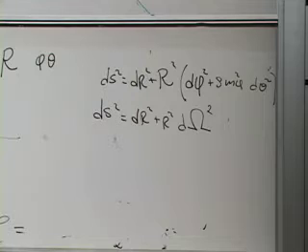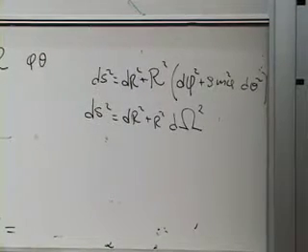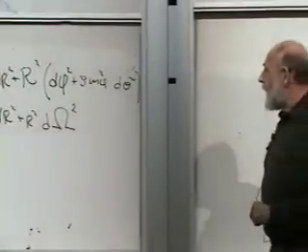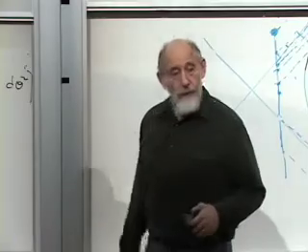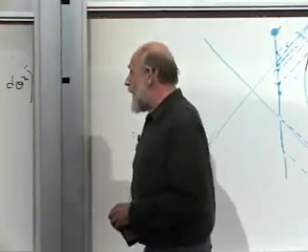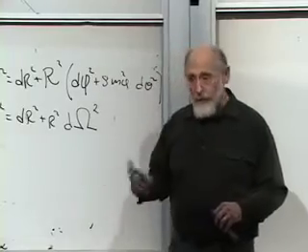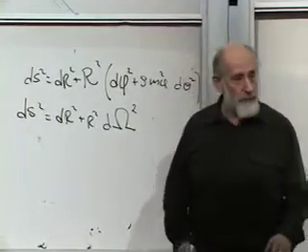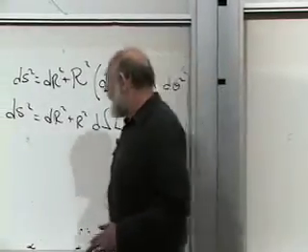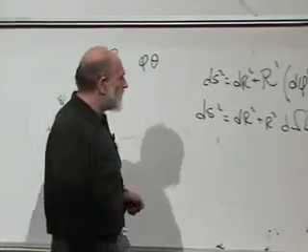That's the metric of ordinary flat space in spherical polar coordinates. And remember now that omega stands for two directions, theta and phi. The r squared here is just there because as you go further and further out, the sphere just gets bigger and bigger. That's all.